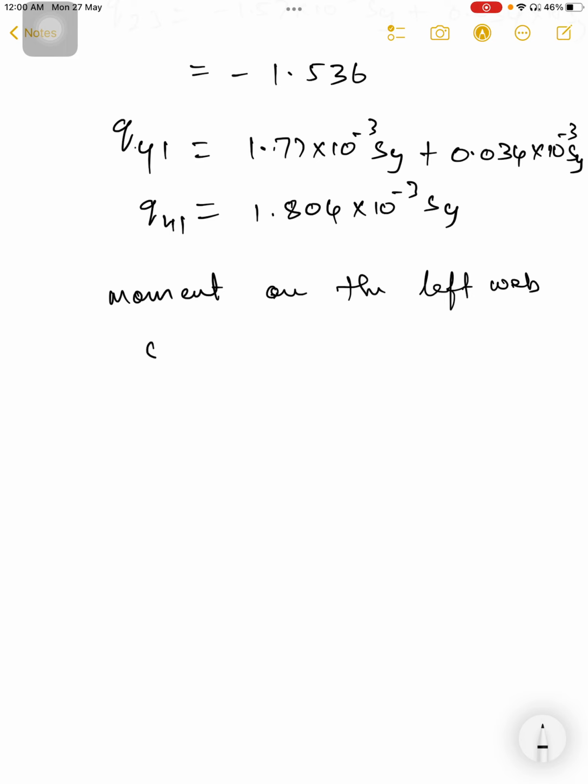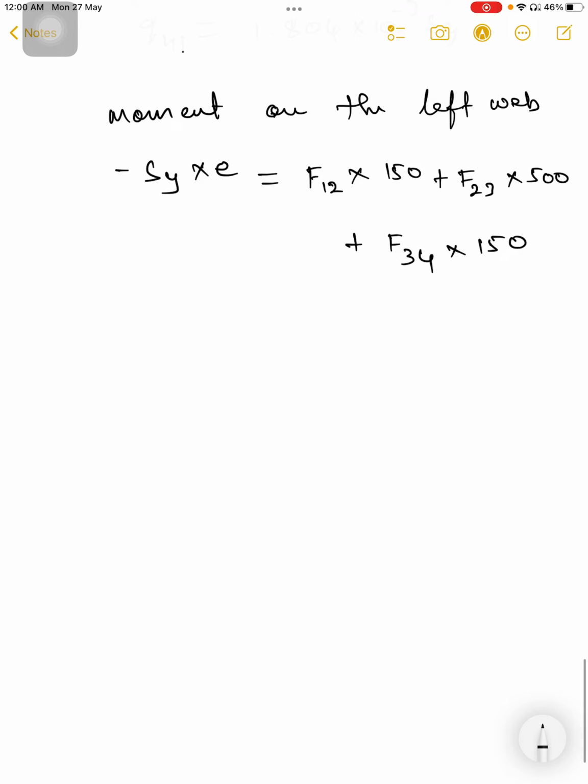It will be Sy into distance E, equals minus Sy, and for panel 1 2, force F12 into perpendicular distance 150, plus for section 2 3, force F23 into the distance 500. Similarly, for section F34 into distance 150.